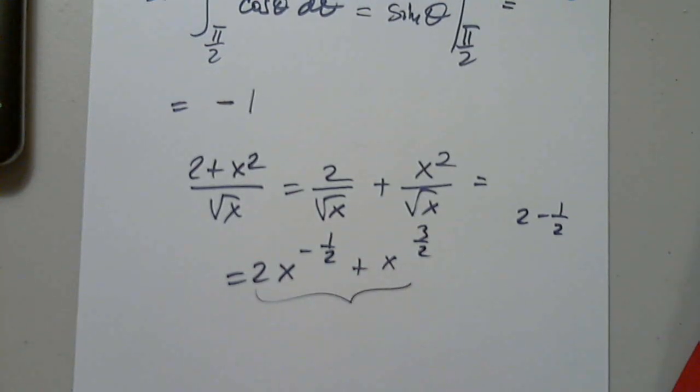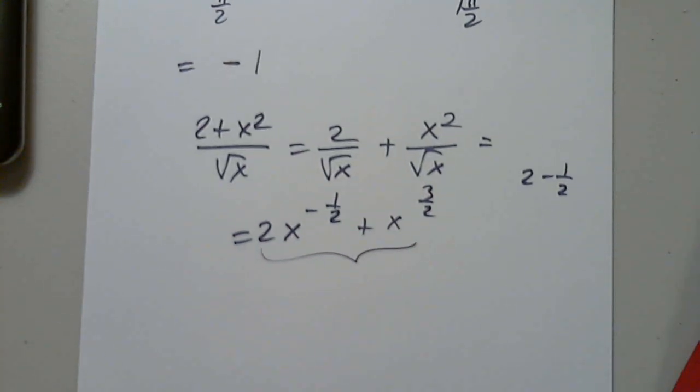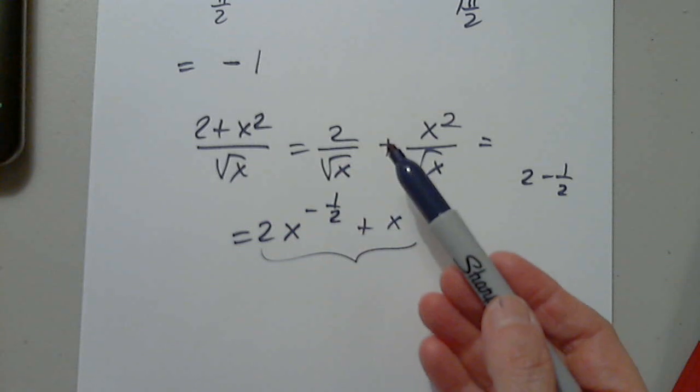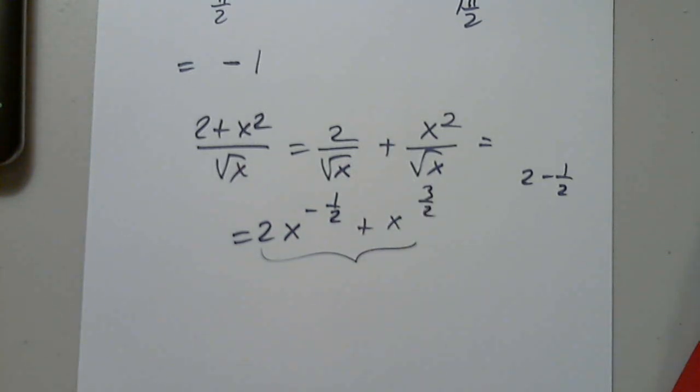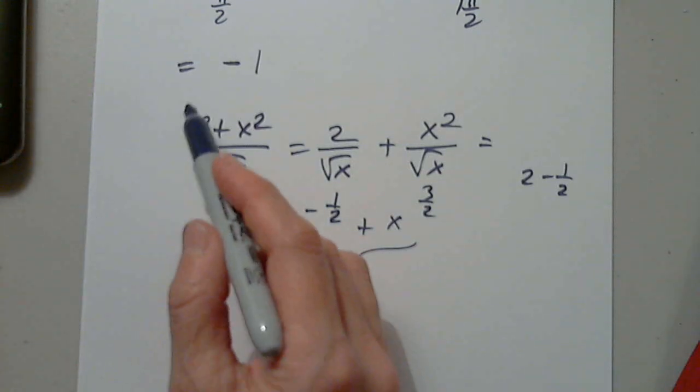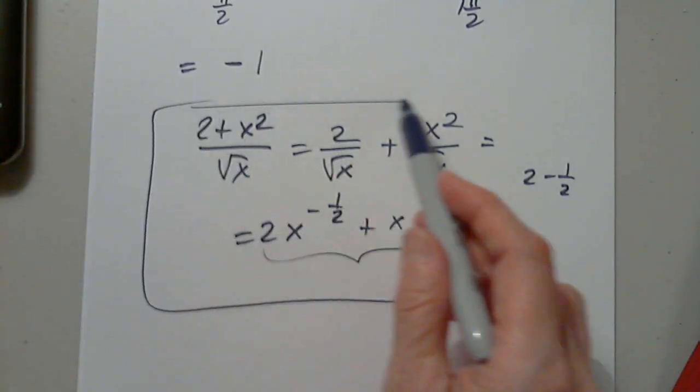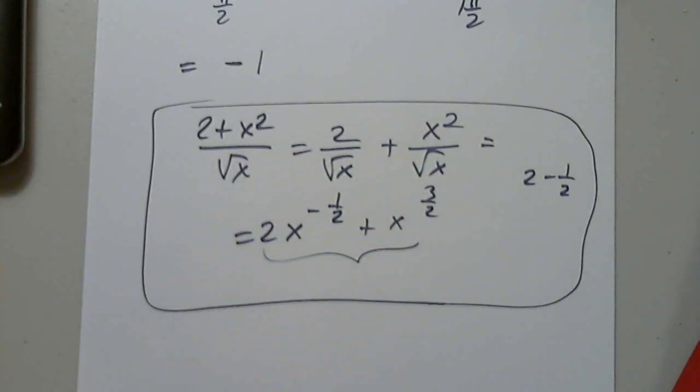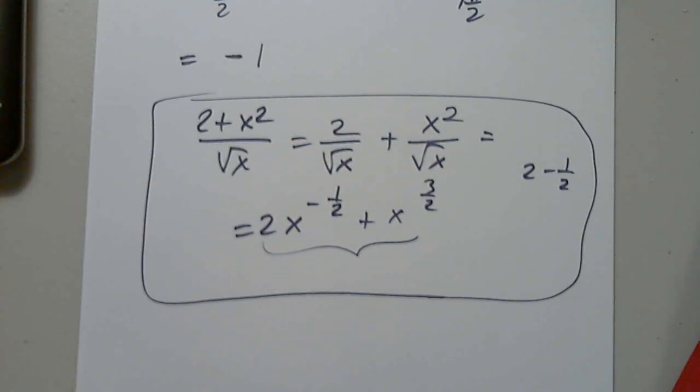Now this is a piece of cake for the integration, because you're adding 1 to the power and dividing by the result. So this is absolutely mandatory as the first step. Once I get here, the rest is easy. Is this clear?